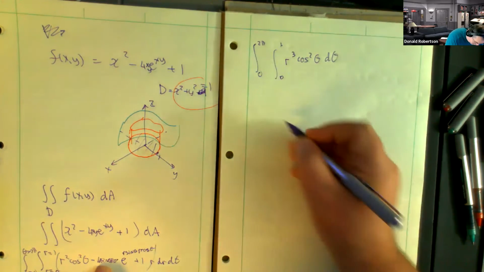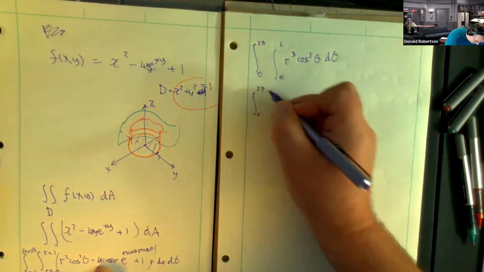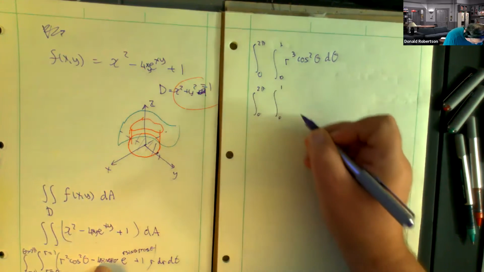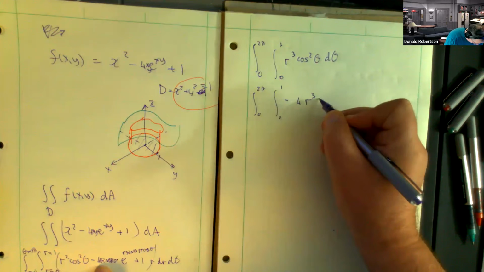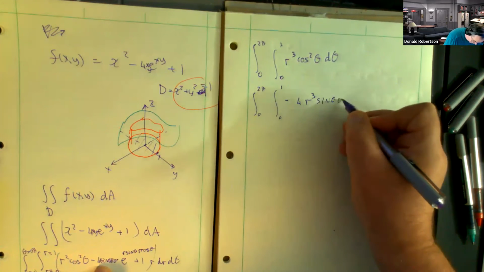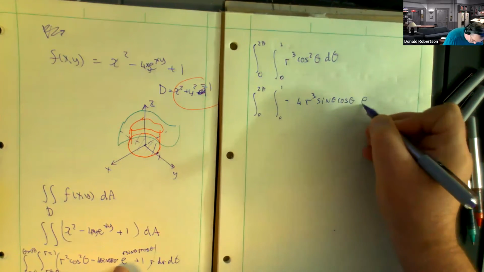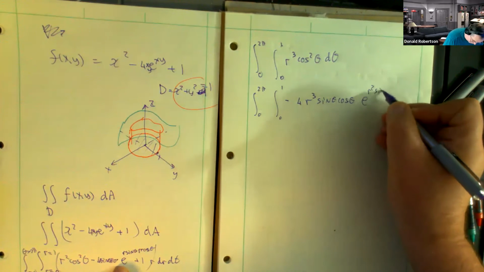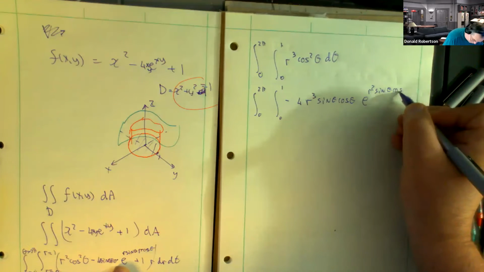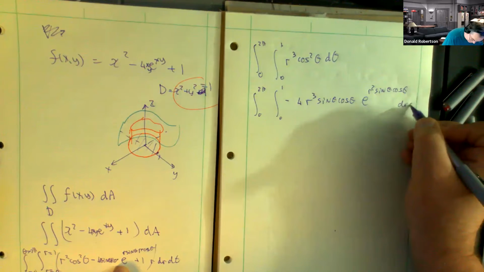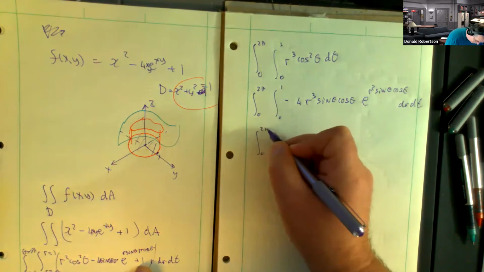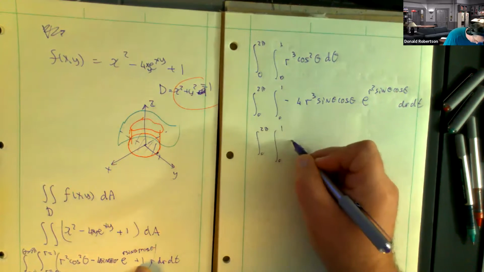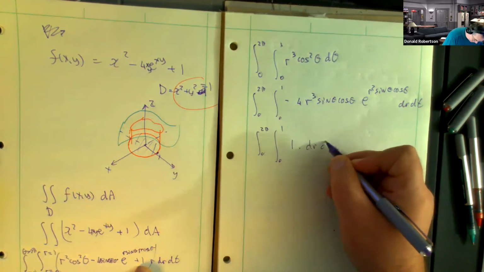In the middle, you're going to get a 0 to 2 pi, 0 to 1 of -4 r cubed sine theta cosine theta e to the r squared sine theta cosine theta dr d theta. And at the end, you're just going to have a 0 to 2 pi, 0 to 1 of the function 1 dr d theta.